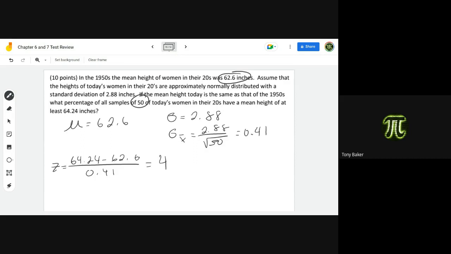So what percentage of samples of 50 women today in their 20s have a mean height of at least 64.24? None. Because you can technically, I guess, do 0.000001 or whatever, but basically, if it's over the 3.5, it's outside of that range.